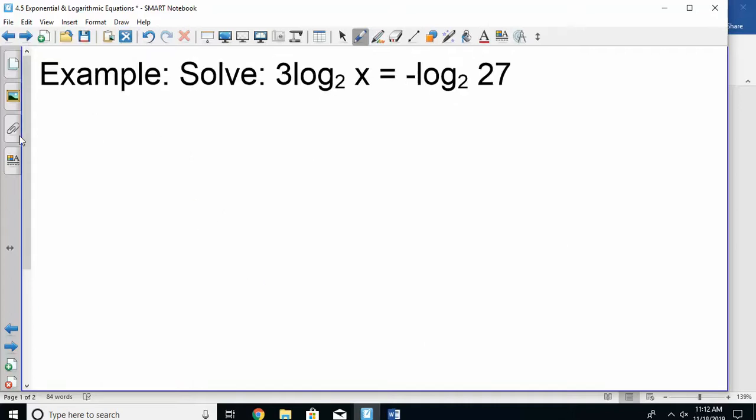Let's look at this. So what should I do first? Okay. Log base 2 of x cubed.